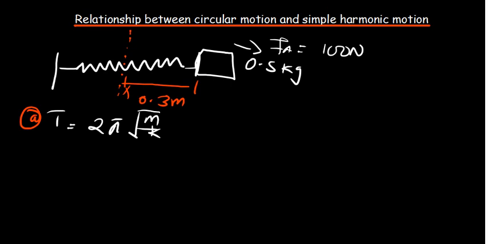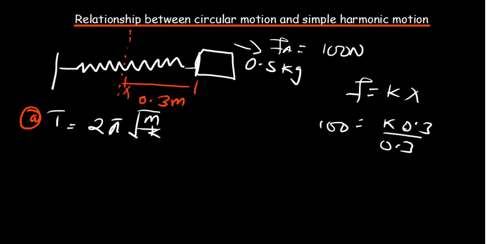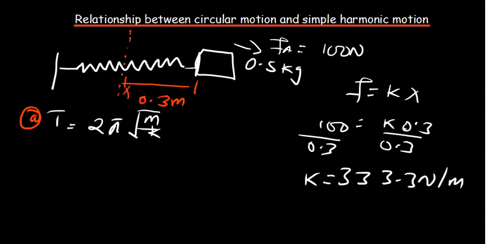But we know that the force is equal to kx. I have my x, I have my k. So I have my force as 100 is equal to, I don't know k, I have my x as 0.3. Therefore I'm going to divide both sides by 0.3. K is equal to 100 divided by 0.3. My k is 333.3 newtons per meter.